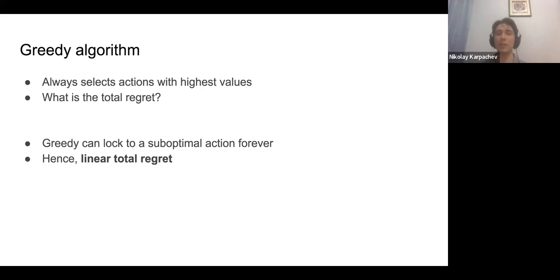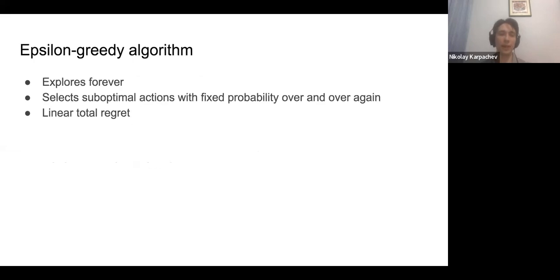Linear is kind of the worst performance that is possible in terms of exploration for all the reasonable methods. Then we have epsilon greedy. It's slightly better because it explores. It will not have this problem.